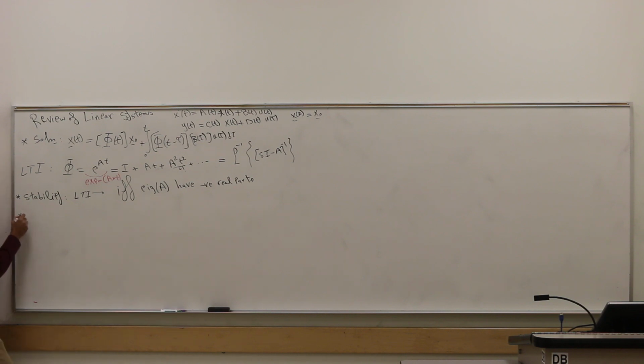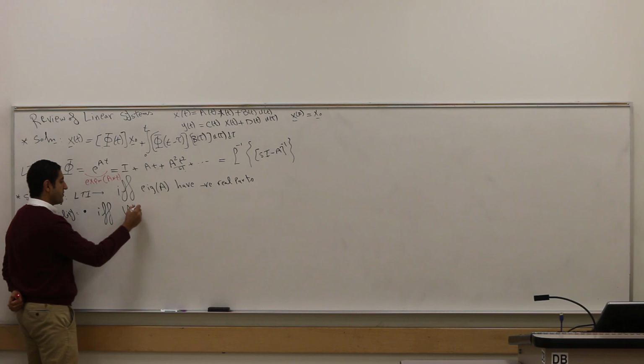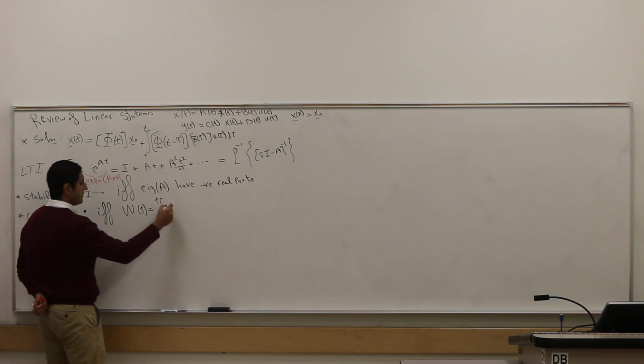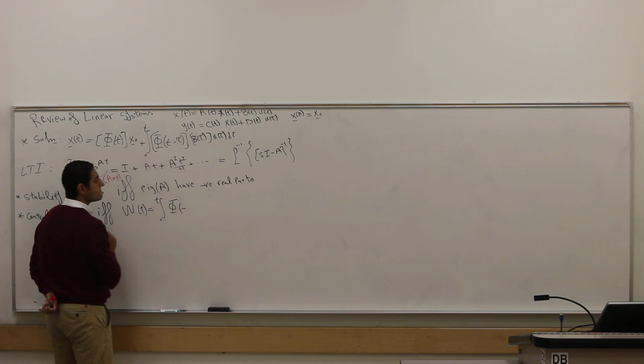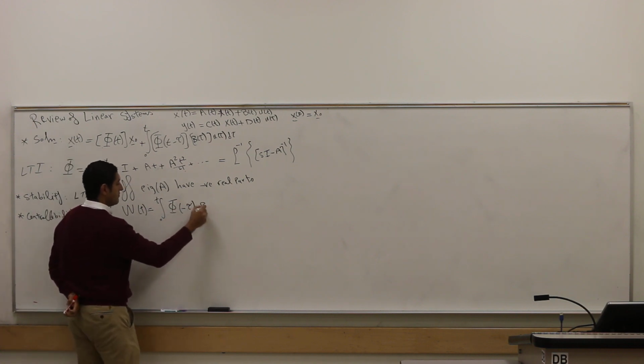So, what else? We can talk about controllability, right? And again, we have actually a sharp condition. We have an if and only if condition. The controllability Gramian W of t is the integral from 0 to t of Phi(negative tau) B of tau, times its transpose, Phi(negative tau) B of tau transpose, d tau.